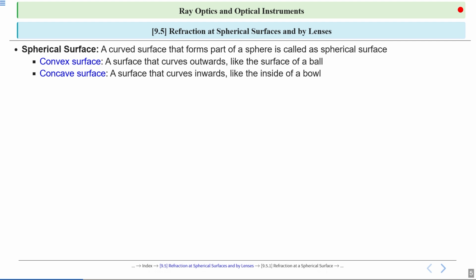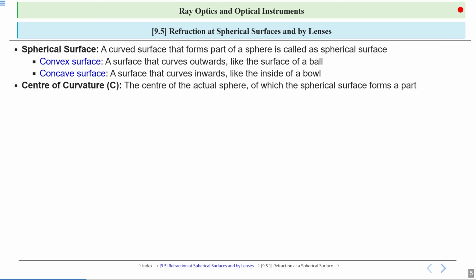Concave surfaces are also important because they diverge light. Convex surfaces converge light, and concave refracting surfaces diverge light rays, which can be used in applications like telescopes, to spread light over a large area. We will discuss the telescope and the concave surface, a surface that curves inwards like the inside of a ball.